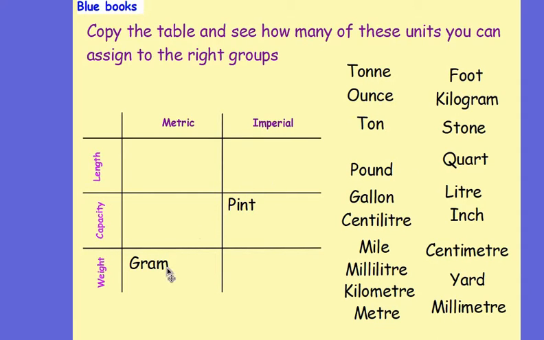For example, a gram is a metric measure of weight, whereas a pint is an imperial measure of capacity. So pause the video for 10 minutes, complete it in pencil if you're not sure. Can you pop all of these units into the correct spaces in the grid? Pause the video and complete that in your dark blue books now, please.